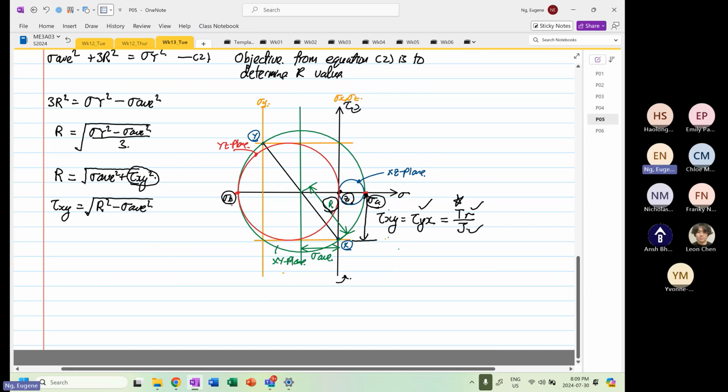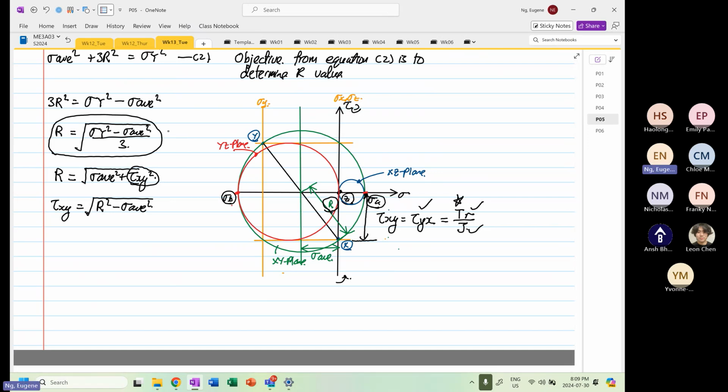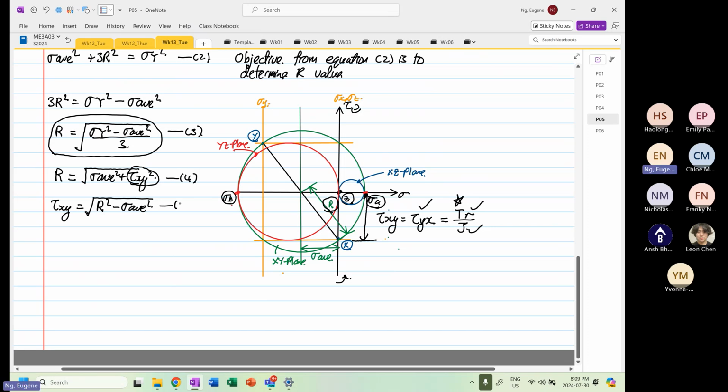So now we have to determine our R, from this expression over here. I'll call this equation number 3, and this is our equation number 4. So this is the solution path, as you can see now.